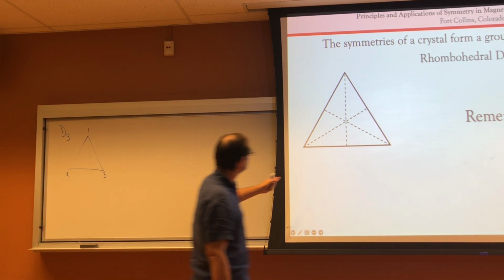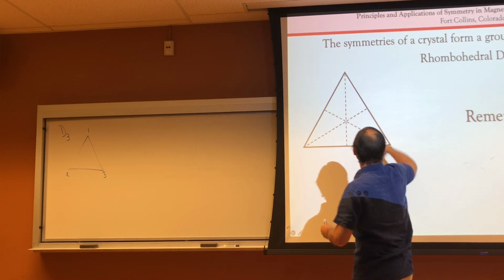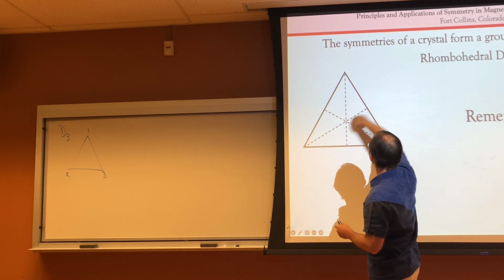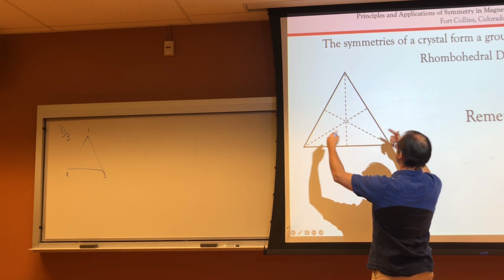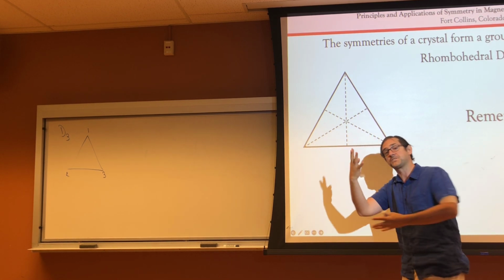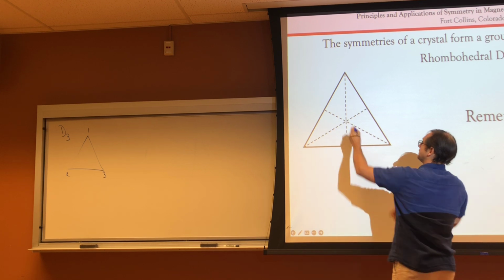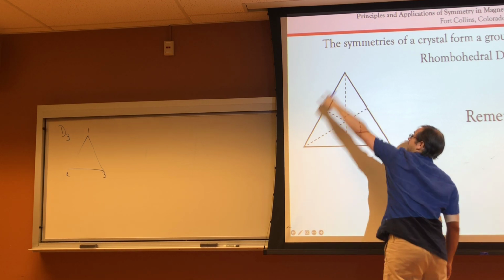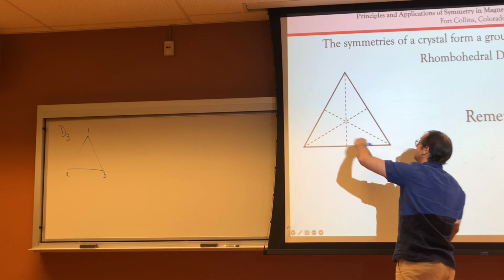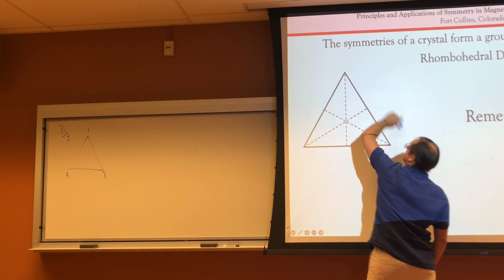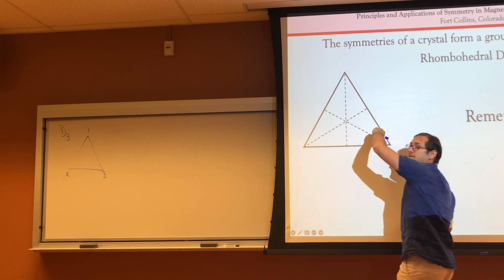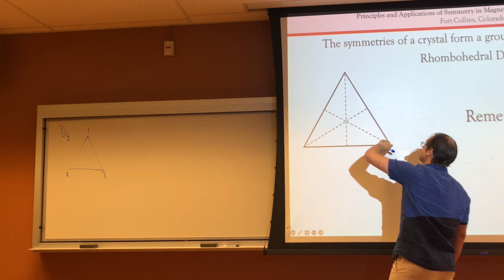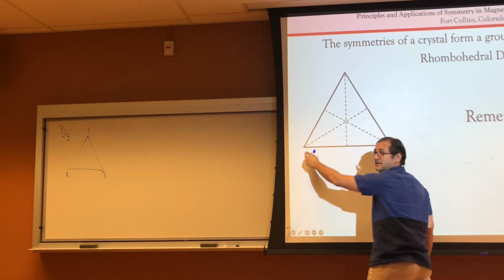In the D3 group, those distances are the same, and you have some rotation axes. You actually have 4 rotation axes. You have a rotation axis here. It's a 3-fold rotation. So you could go from here to here, let's say clockwise. You can go anti-clockwise. You can go twice also.